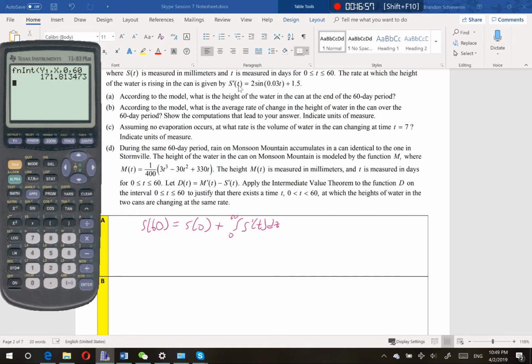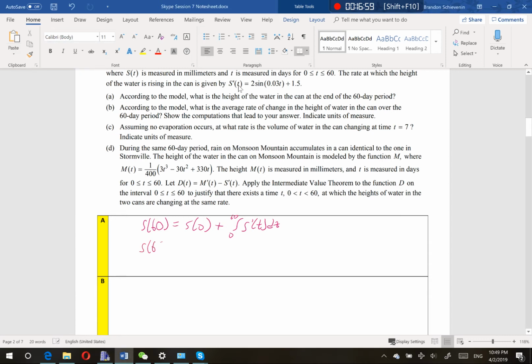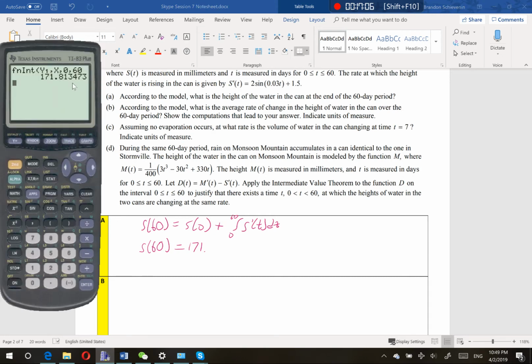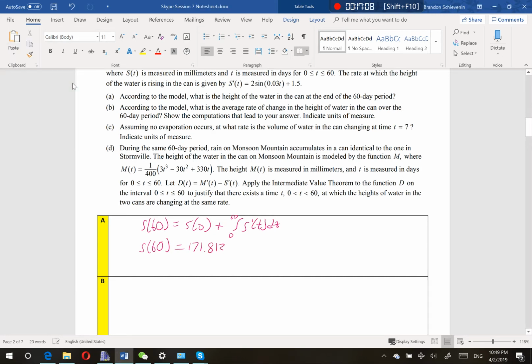Okay, so s at 60 is equal to 171.813. What are our units? Millimeter. Perfect. So this is the height of the water in the can.